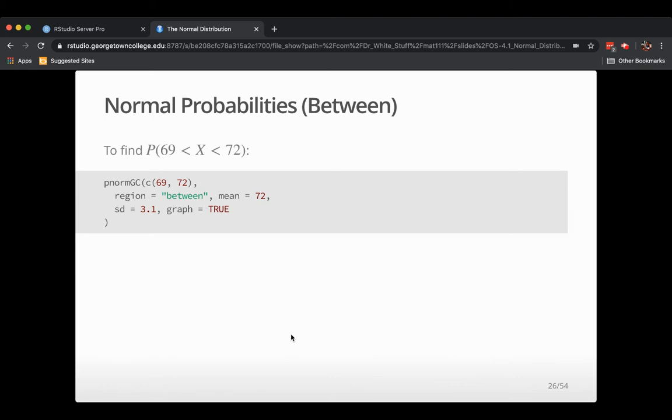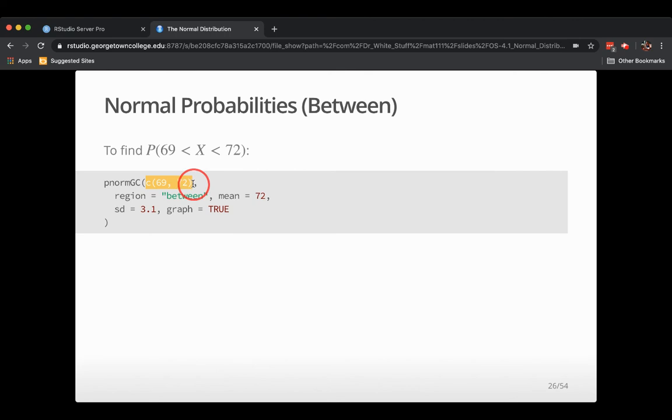Sometimes you want to find the probability that a normal random variable will turn out between two numbers. Like, what's the probability that that randomly picked college male turns out to be between 69 and 72 inches in height? Well, this time with pnormGC, you're going to need to give as your first input the two boundary numbers stuck together with the C function. So C, then the parentheses, and the two inputs are the 69 and the 72 separated by a comma.